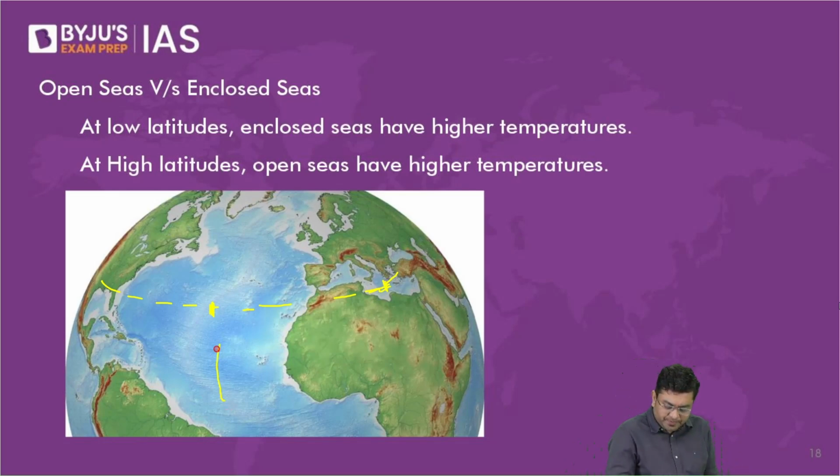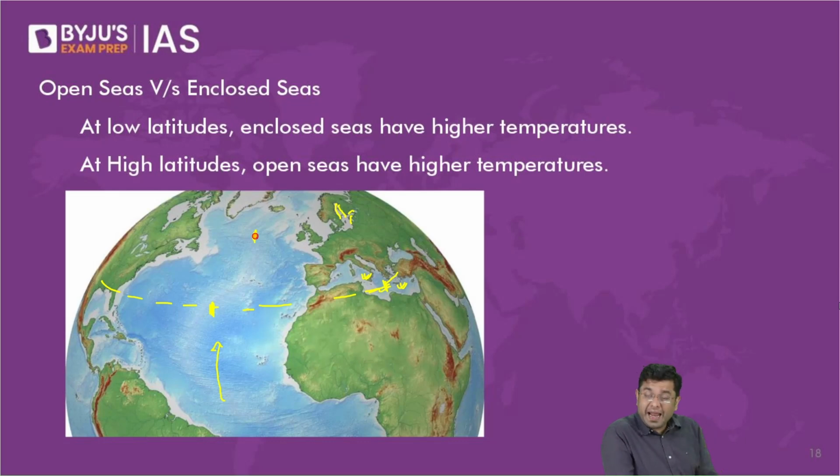What do you think? Which will be hotter? Always the Mediterranean, isn't it? Because it is closely bordered by the land. So there you will have a sudden rise of temperature, whereas across the Atlantic, as it is an open ocean, you will have a gradual variation in temperature. Here, the impact of the land will create a sudden rise in temperature.